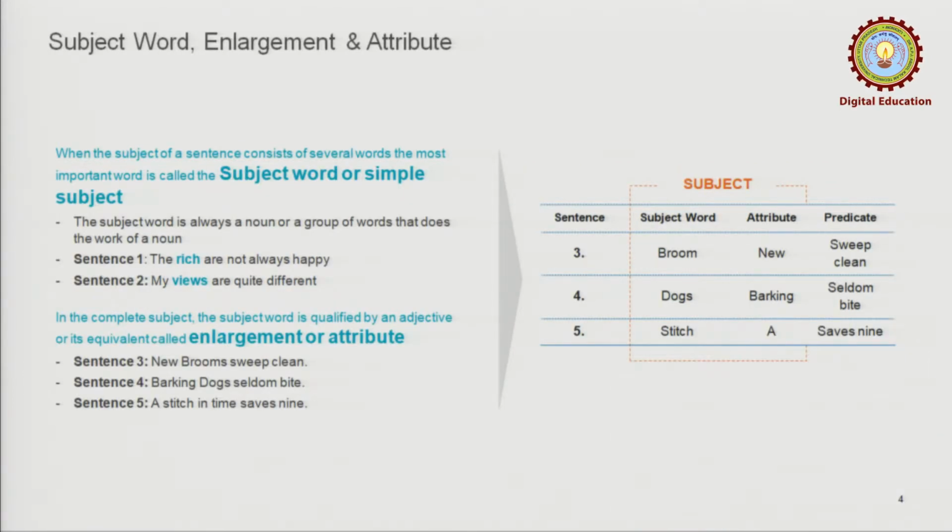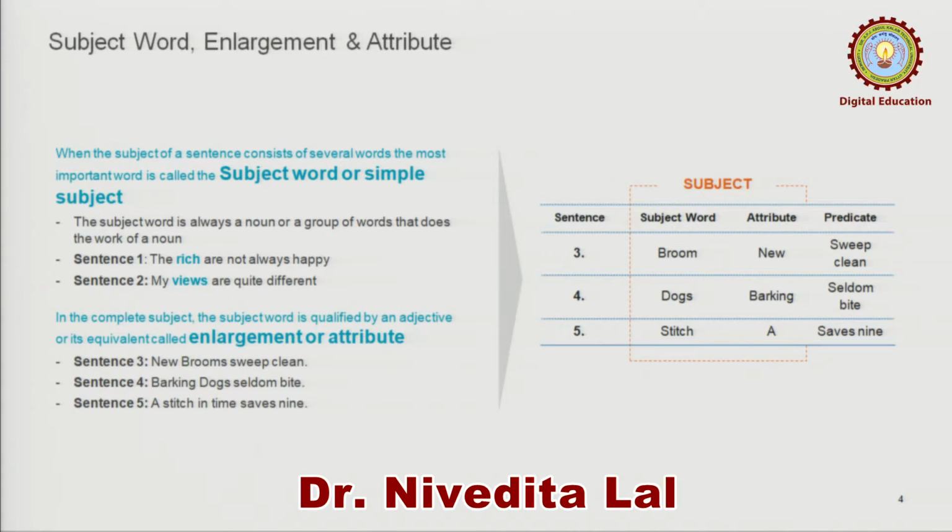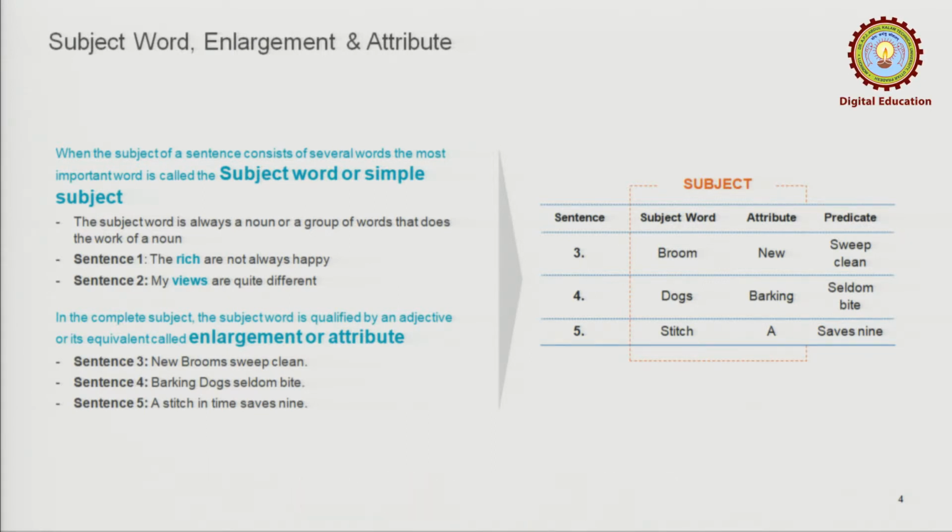So, when the subject of a sentence consists of several words, the most important word is called the subject word or simple subject. The subject word is always a noun or a group of words that does the work of a noun. Let us take examples. Sentence 1, the rich are always happy.